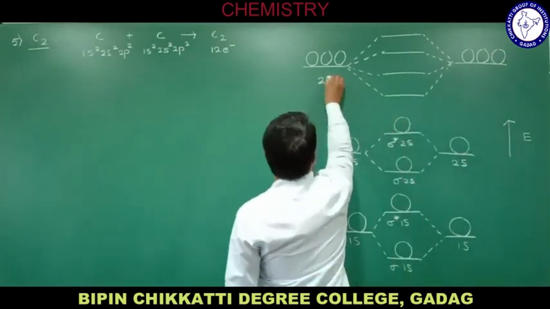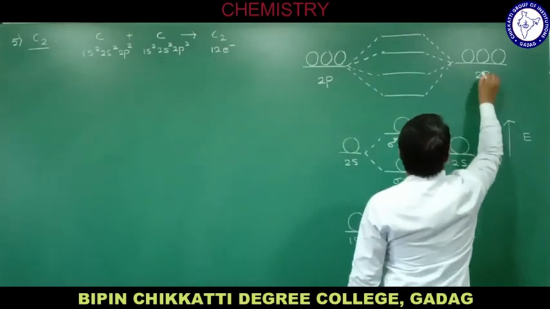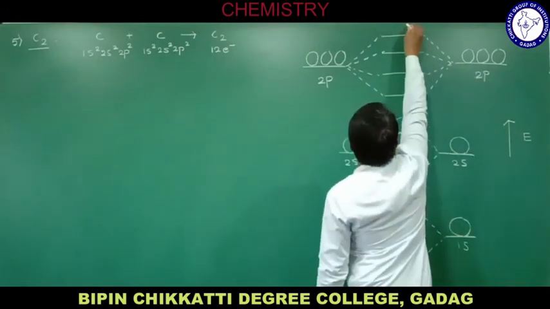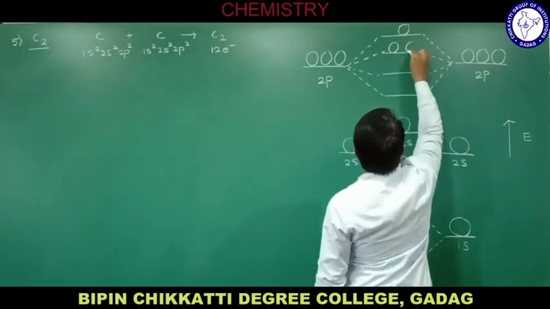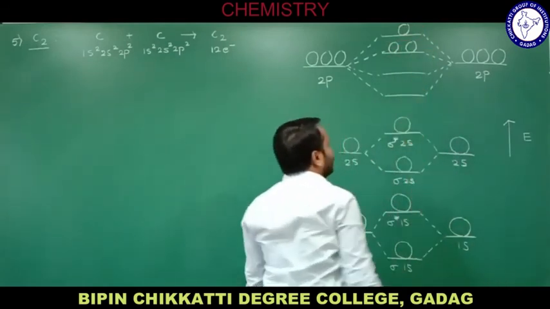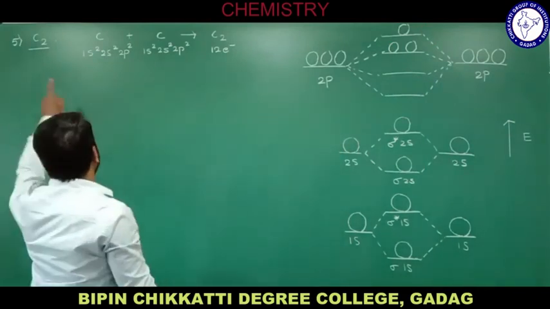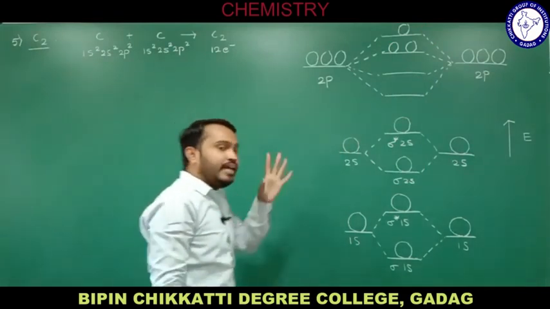This is for 2p and this is also for 2p. So the molecular orbitals, so here we have one and here we have 2 molecular orbitals. So now we need to think over this. So remember, as I mentioned, carbon is lighter element.